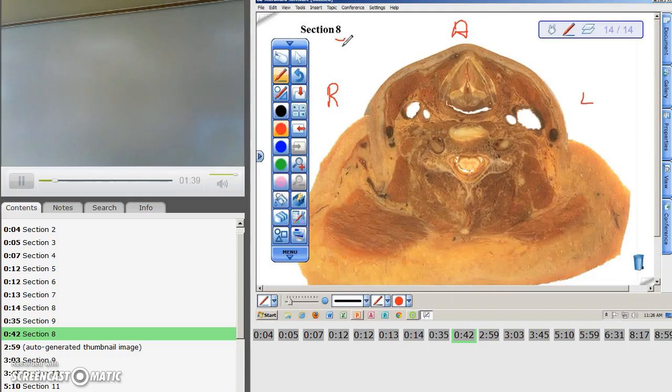All right, so for cadaver cross sections, section 8, we have common carotid artery. Right here, right here. Now, if they ask you to be specific, this is the right common carotid artery, and over there the other black one would be the left.